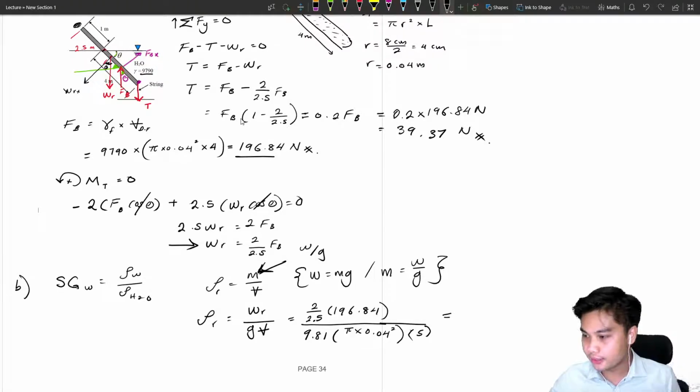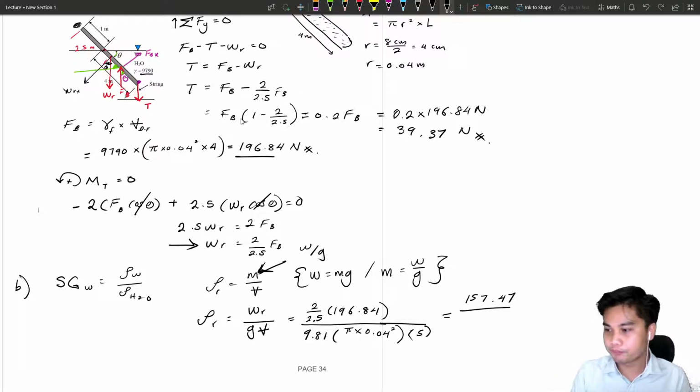You will get here 157.47 over the volume, which is pi multiplied with the 0.04 radius squared, multiplied with the 5, multiplied with 9.81.